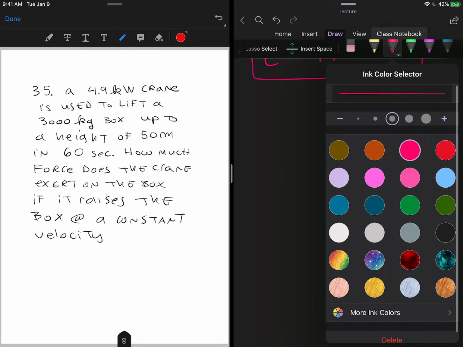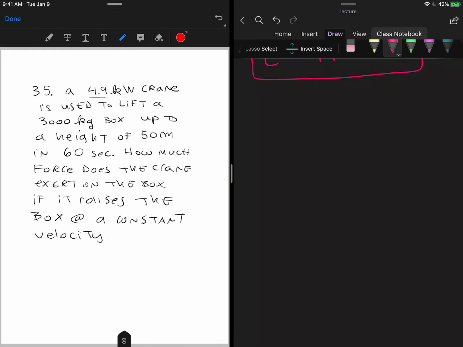So let's just try to identify the variables first. So you have 4.9 kilowatts, and again kilo means 1,000. So since this is a unit of watts, this means that this is power.